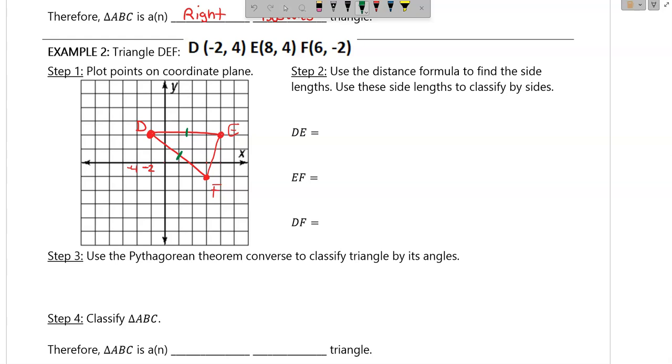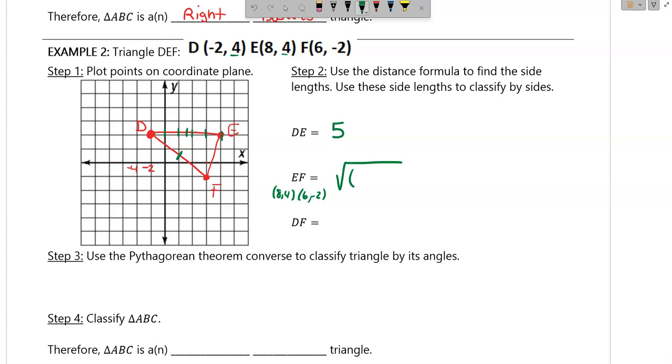So it looks like actually DE, if I drew it right, yeah, they're both at 4. So we can actually just count this length. So 1, 2, 3, 4, 5. So the length of DE is just going to be 5. For EF, let's go ahead and use those points. So we have (8, 4) and (6, -2).